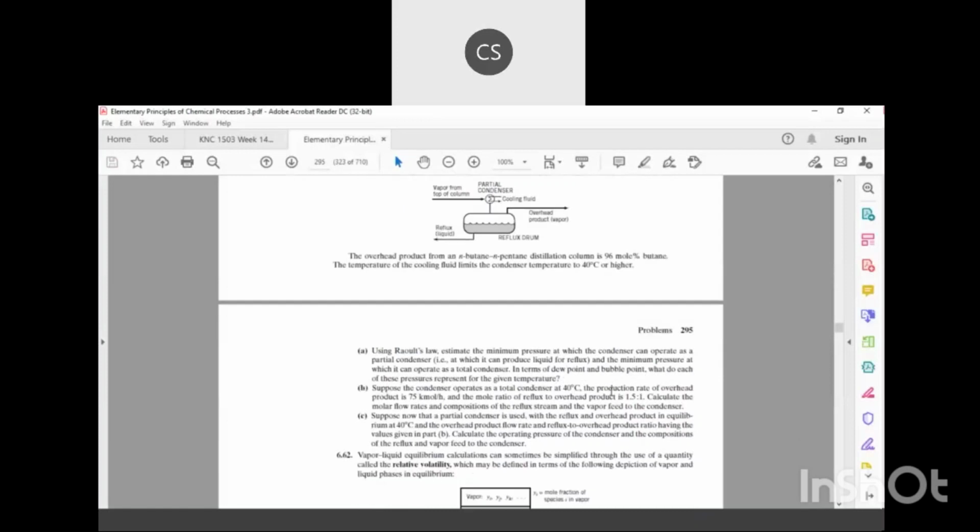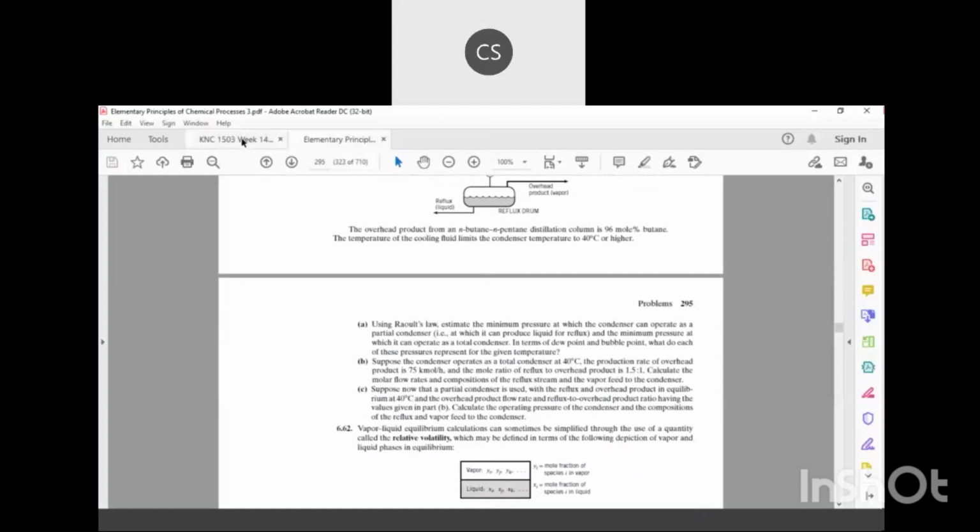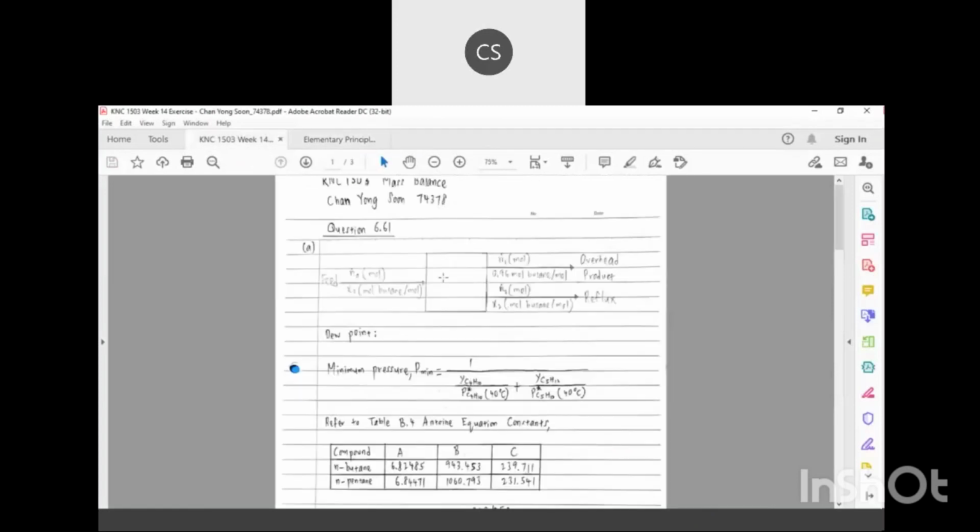So I will show my solution here. In part A, I will draw a simple block flow diagram. The box refers to the condenser.